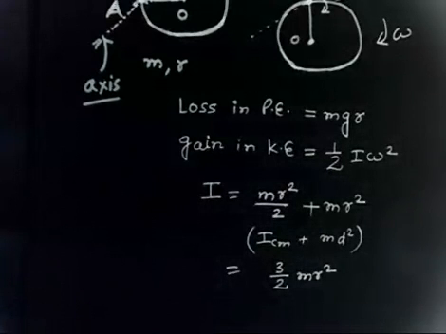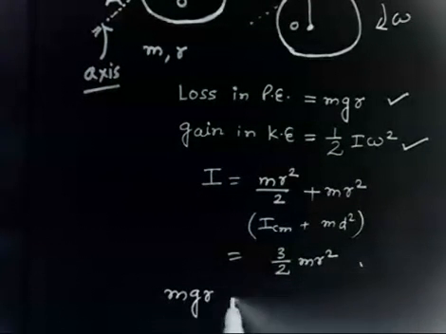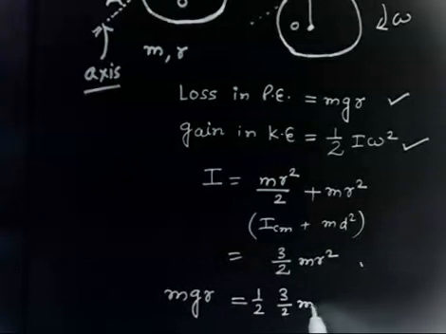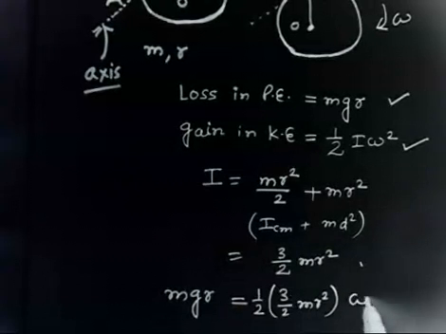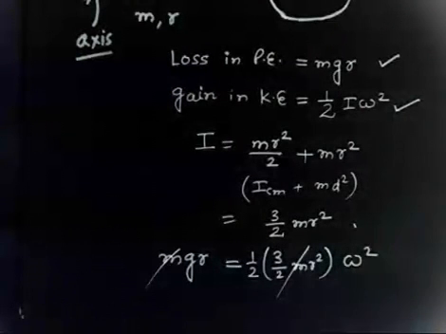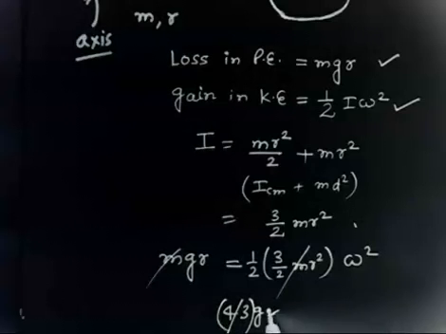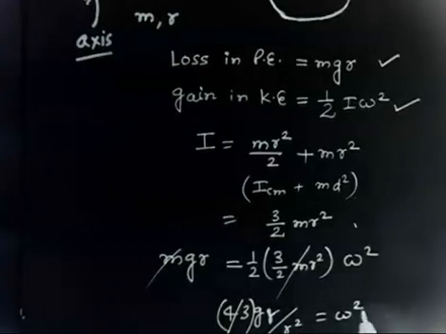And now the loss in potential energy should be equal to the gain in kinetic energy. If I apply this, mgr, that is the loss in potential energy, equals the gain in kinetic energy, half I omega square. Are you getting or not? If you solve from here, r cancels out, so you will have 4 by 3 gr by r square, that is the omega square.